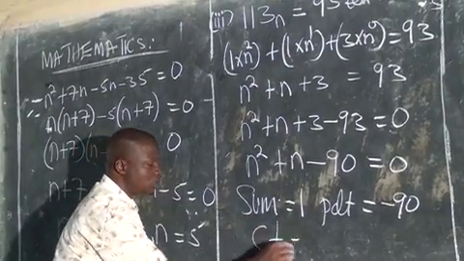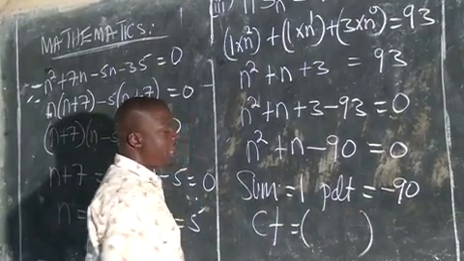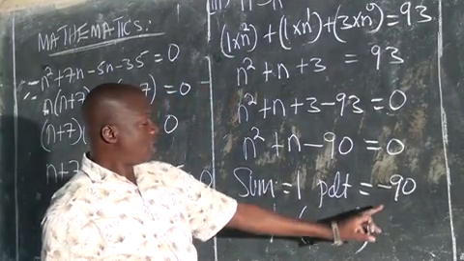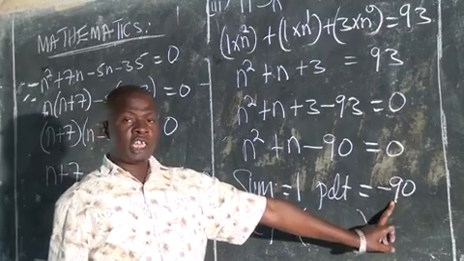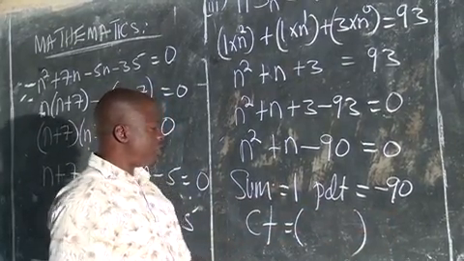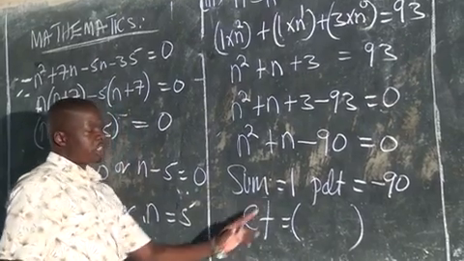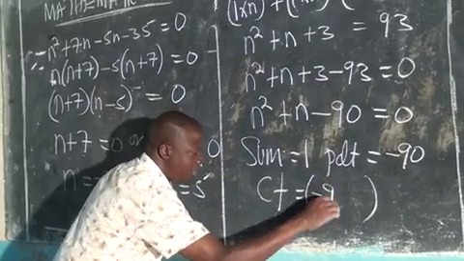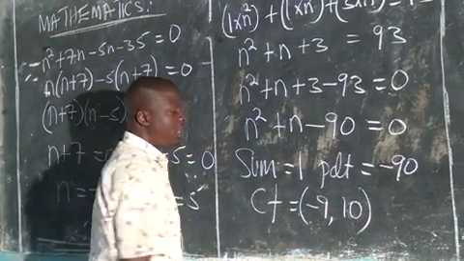For common factors, we check within 90. Factors of 90, I can see 9 and 10. But one of the factors should be negative, such that when you add, it gives 1. So we have negative 9 and positive 10.